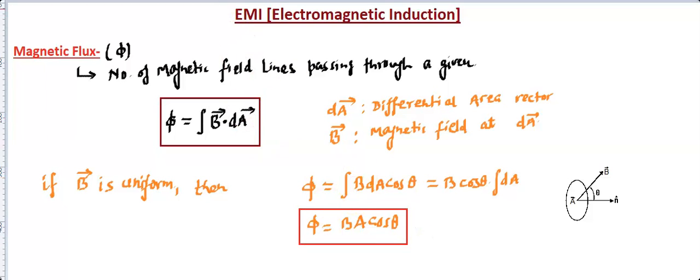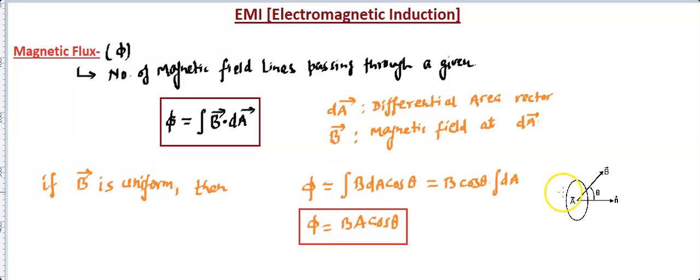That will be our formula for calculation of flux when the magnetic field is uniform. Moreover, sometimes it will say that there are n number of turns. So if there are n turns, we can apply n over here, because in each and every loop, one loop will have this flux. So there are n loops or n turns, then you will get n as a factor. So n is applied when the number of turns is more than one. This is the flux from this loop if it has a single turn.